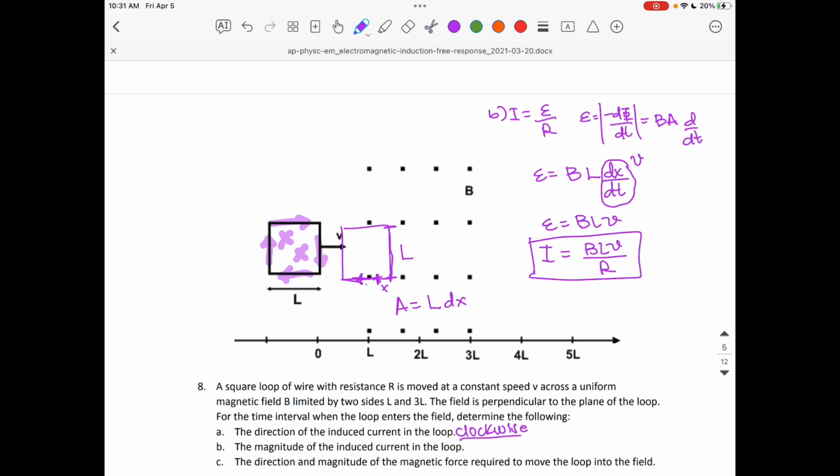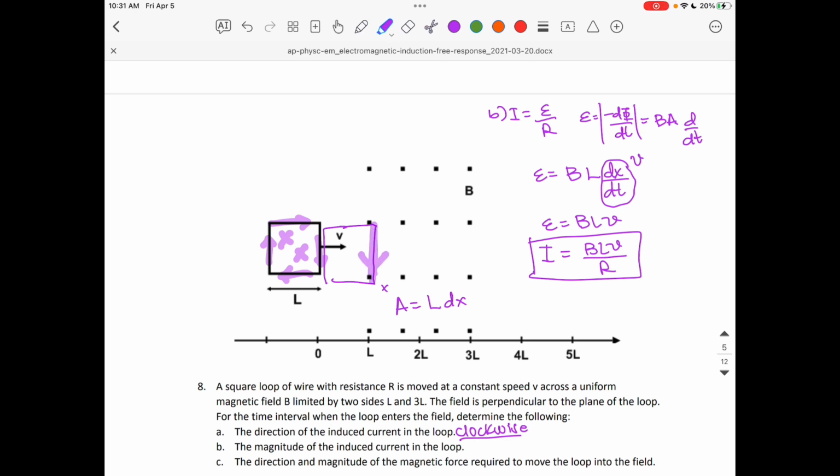All right, the direction and magnitude of the magnetic force required to move the loop into the field. So first of all, we experience a force when we've got a set of charges moving. And so since the velocity is moving to the right, and as we enter the field, we only have this section within the field.